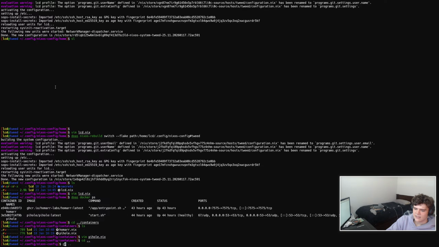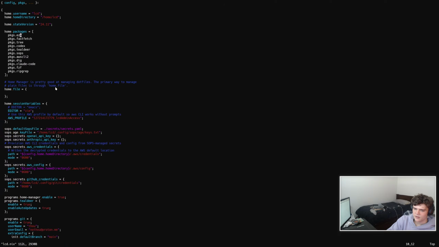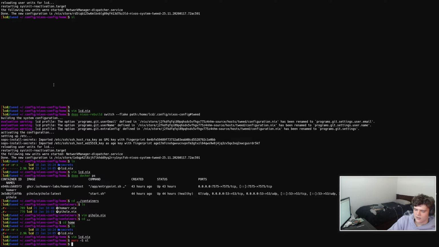The thing that was impressive about adding SL was that I was just able to do it by adding a line to my config instead of doing something like sudo apt install sl, right?